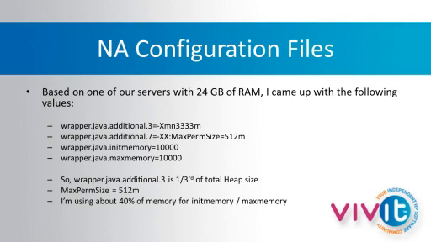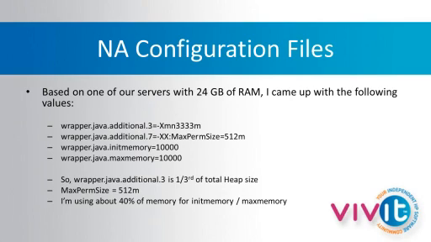Also, down here you may notice the initial memory and max memory are set to the same value. If some of you have worked with other JBoss environments, you may have seen where these values are different. But with network automation, it's strongly recommended that you keep these two values the same.